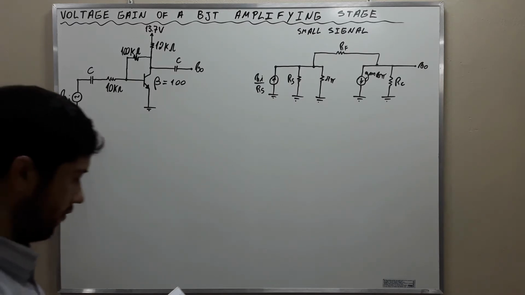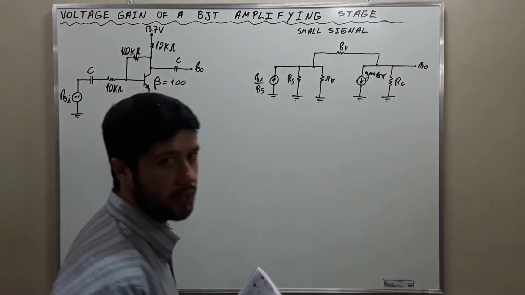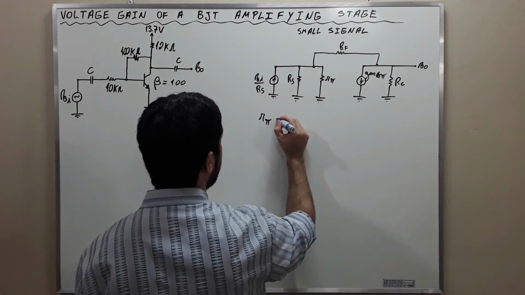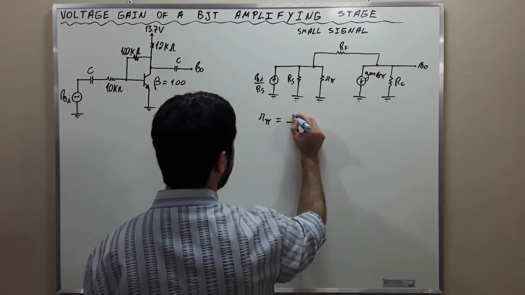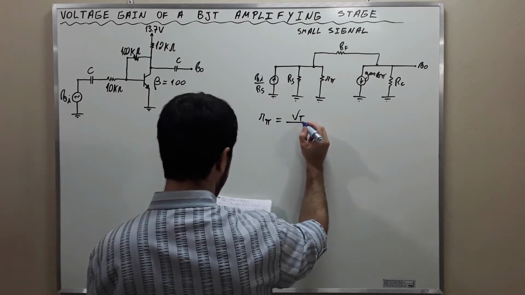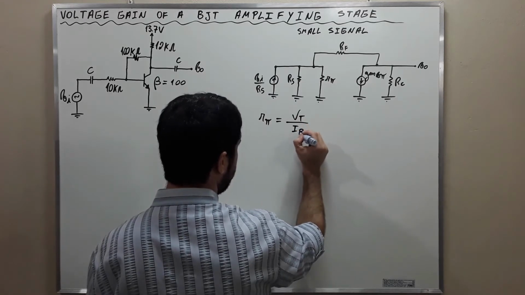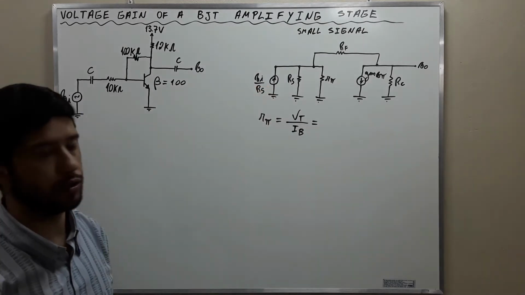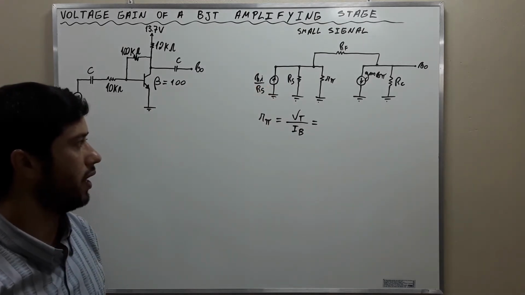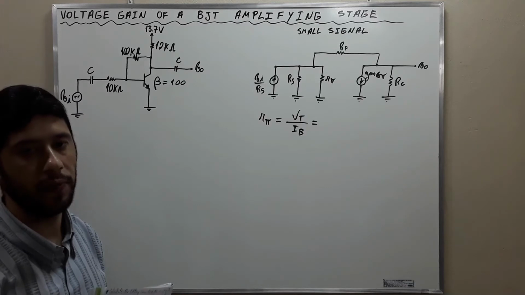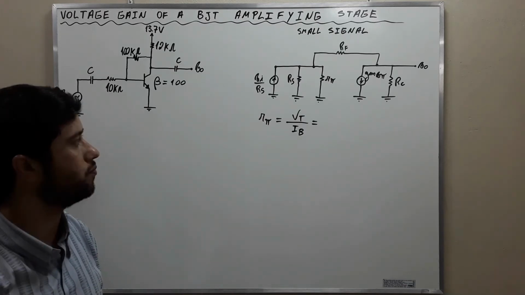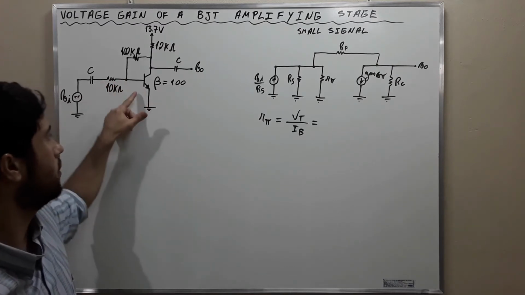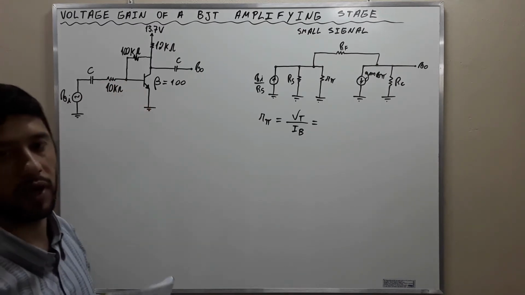All right, the values of the parameters can be calculated as R pi equal to VT divided by IB, okay? This VT here is the thermal voltage, and you can find this data in the data sheet of the transistor. The transistor BJT is going to have a data sheet.